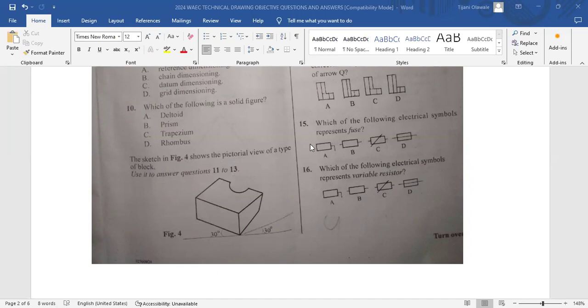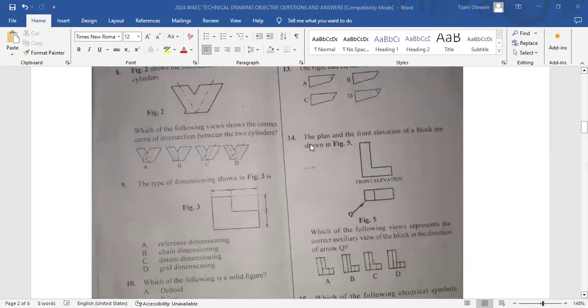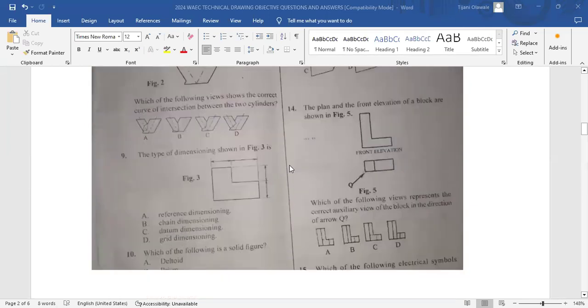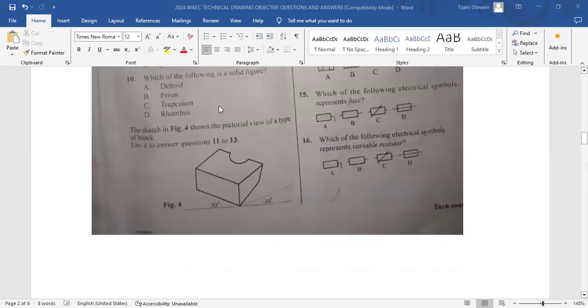So let's look at question 11. Question 11 says that the plan of the block is, so looking at how the object looks, we are looking at the object from the top here. So we are going to see this shape, and then there is a feature at this point that is going to be hidden from us in the plan or in that direction.